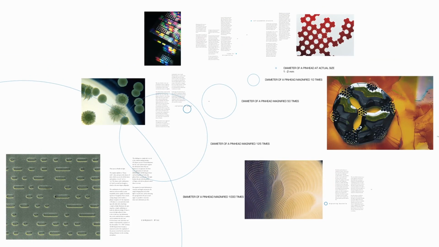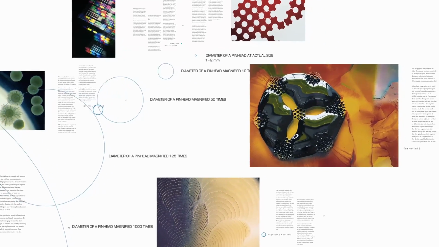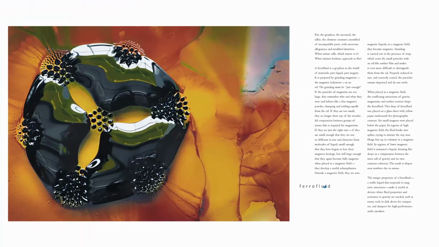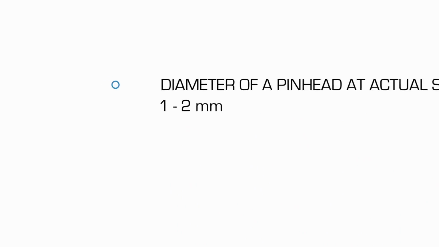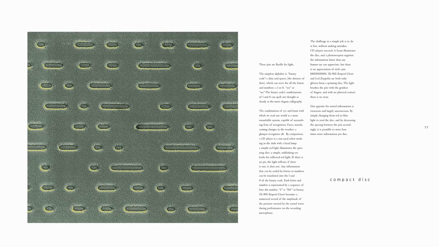So, for example, looking at this image of ferrofluid, the pinhead appears around this size. Note the blue circle. But when we have to zoom way down to the nanoscale level in order to see the indentations of this compact disc, the pinhead circle almost becomes a straight line. We hardly see the curvature.